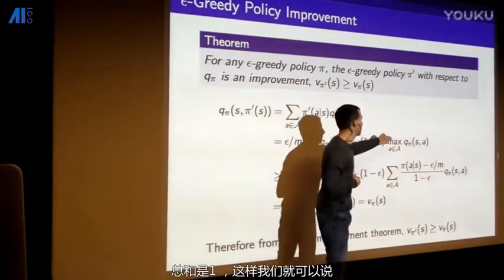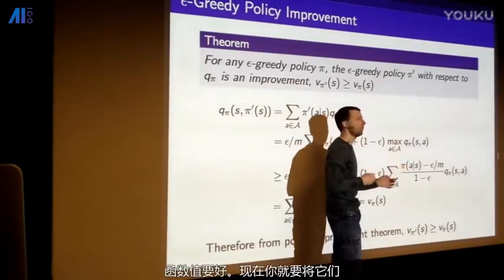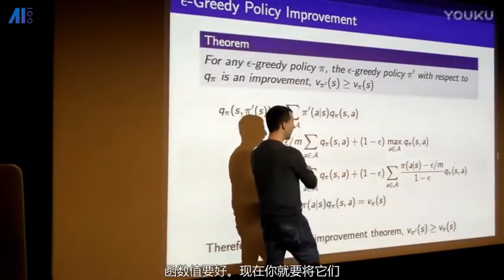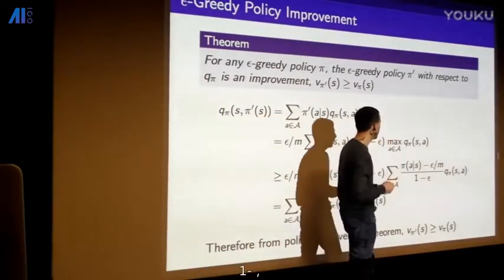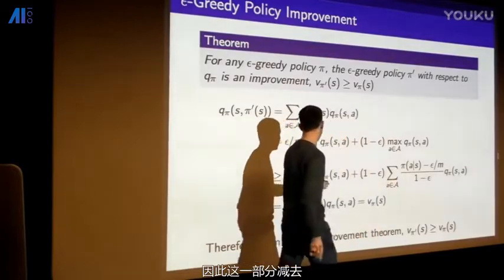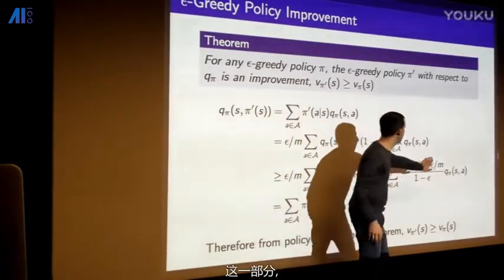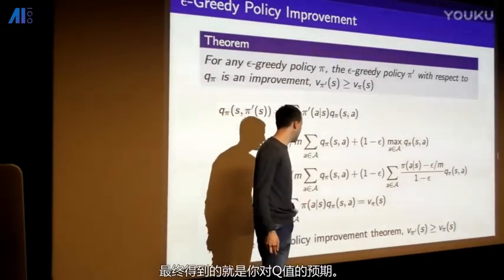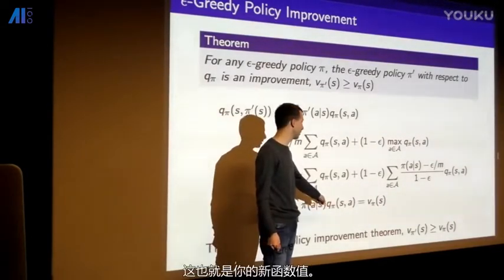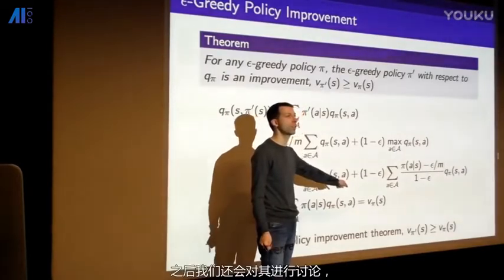And now you can just collect terms together, and we see that we've got 1 minus epsilon on 1 minus epsilon. So this term over here cancels with this term over here, and you're just left with an expectation over your Q values, which is your original value function.